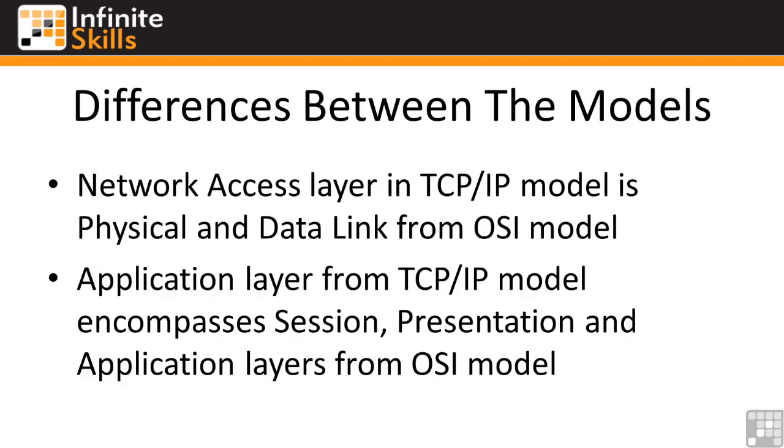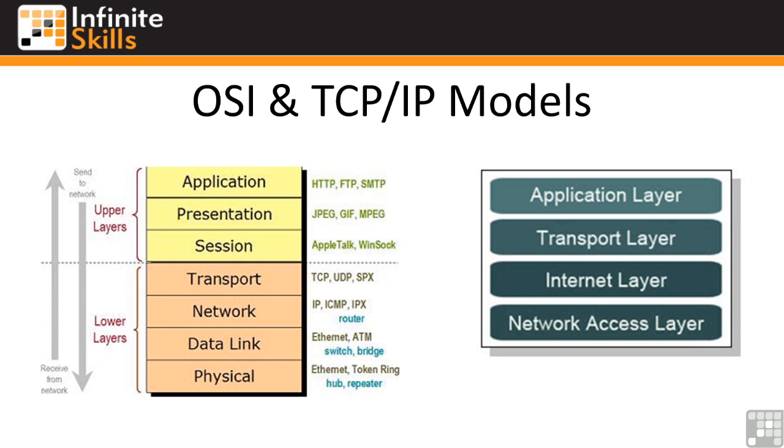And the application layer from the TCP/IP model encompasses the session, presentation, and application layers from the OSI model. So you can see on the TCP/IP model on the right-hand side, there's the application layer. Well, that really encompasses all of the functions of the 3 layers at the top of the OSI model, which are session, presentation, and application.